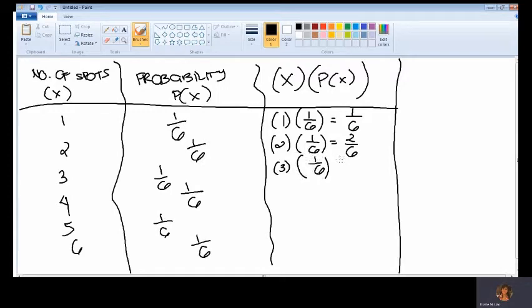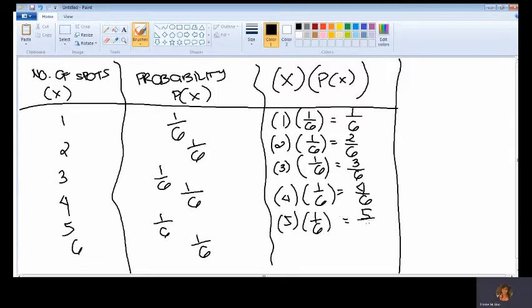Because we're still looking for the sum of all possible outcomes, that will be 3 over 6, 4 over 6, and then 5 times 1 over 6, 5 over 6, and 6 over 6. So step number 3, we're going to add the results obtained in step number 2.